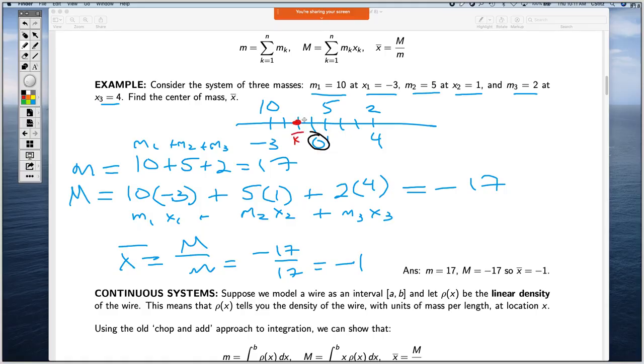That means that if I put a fulcrum here, this would perfectly balance.